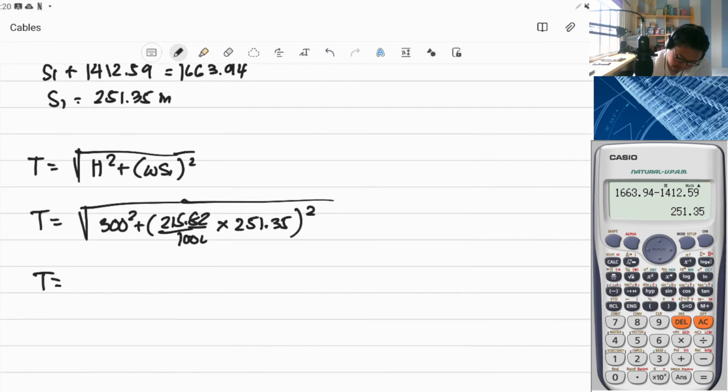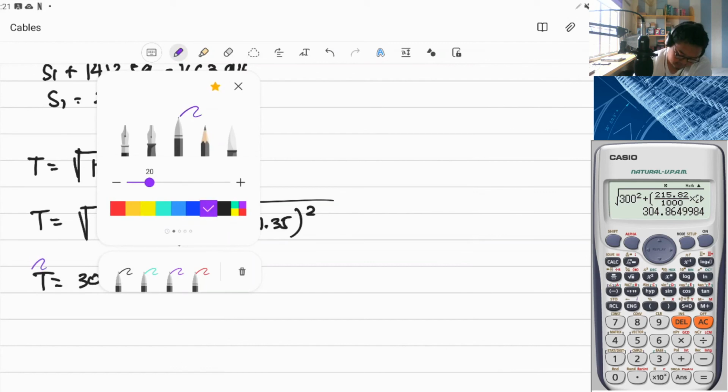Let's solve this. T is 304.86 kilonewton.